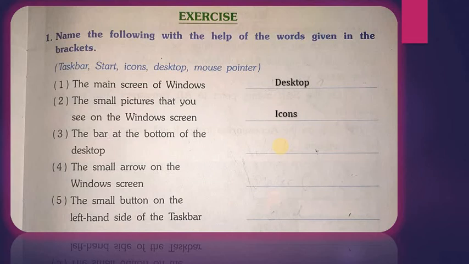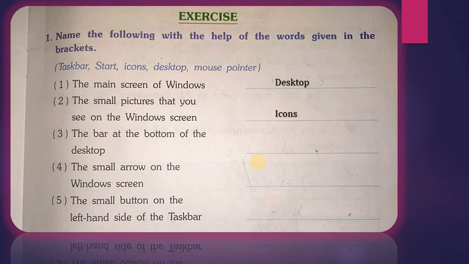Whatever different applications you have installed in your computer, those small pictures you can see on your desktop window are called icons, and from the icon we can know whether it is the Notepad application or a Paint application. We can differentiate easily by the icons.